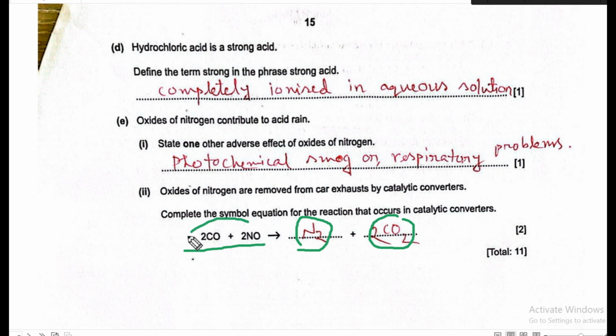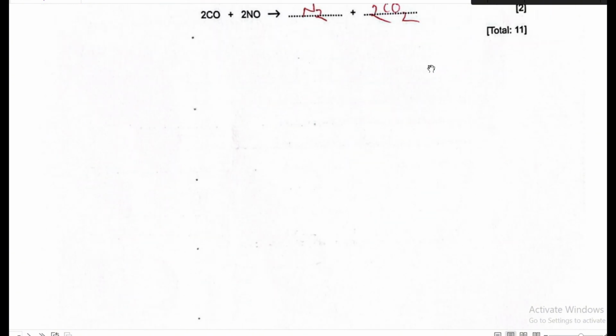They convert more harmful gas to less harmful or non-harmful gas. Carbon monoxide reacts with nitrogen monoxide to produce nitrogen and carbon dioxide. Okay, now next.